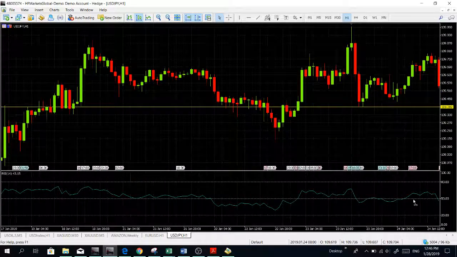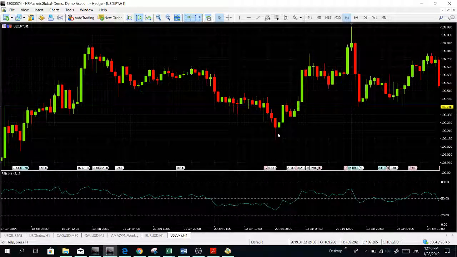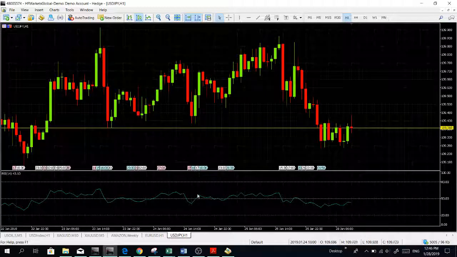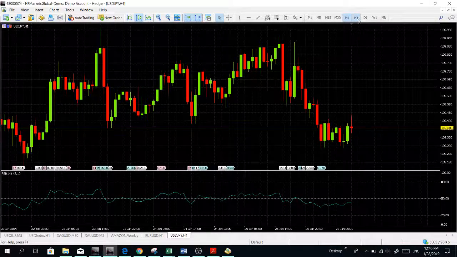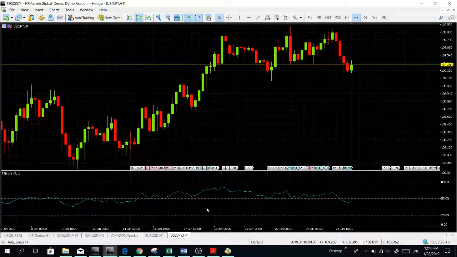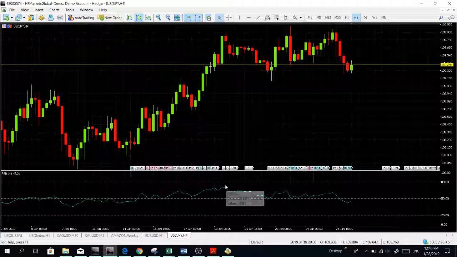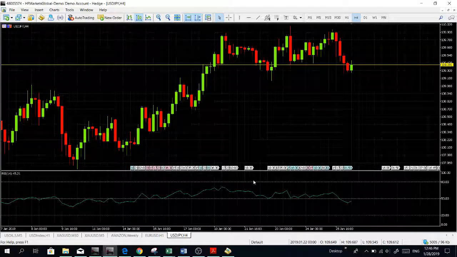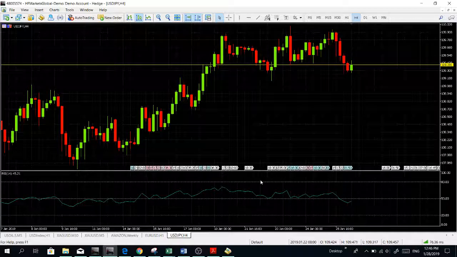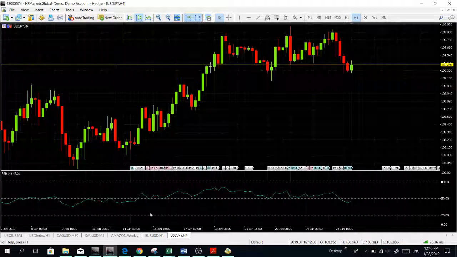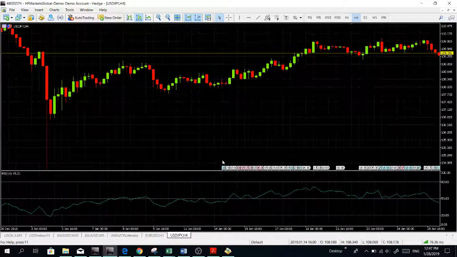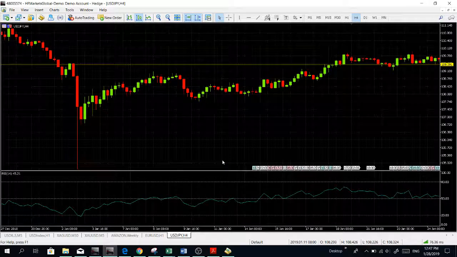When the market touches the 80 line and moves above it, it usually means the market is overbought and you can sell. And when it touches line 20, it usually means it's oversold and you can buy.